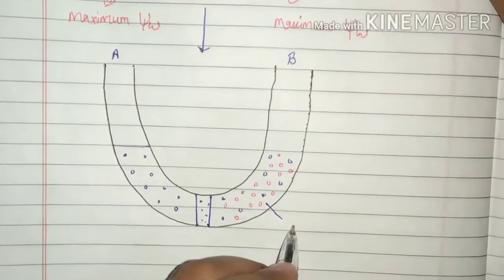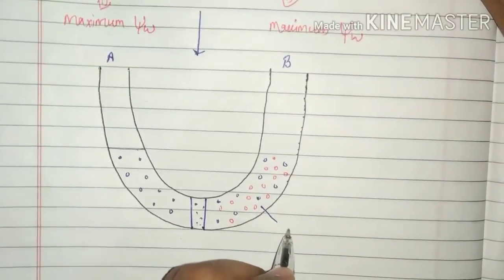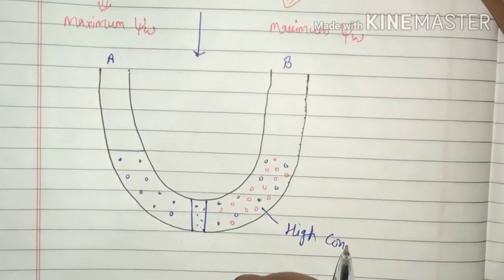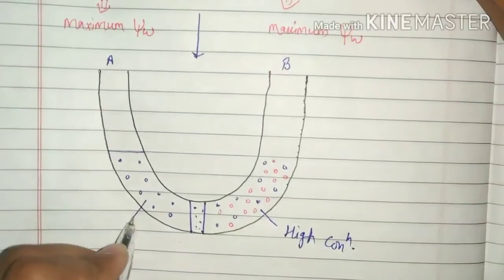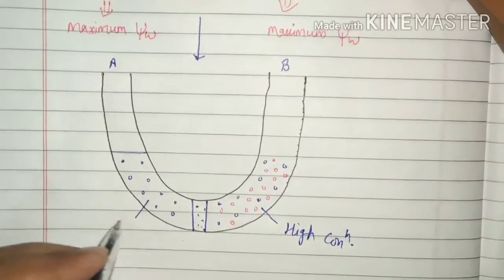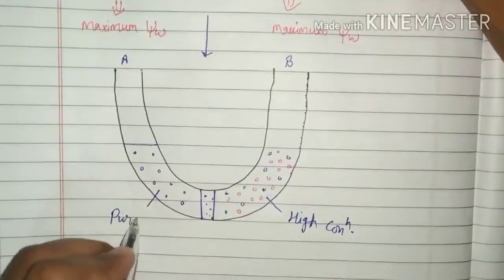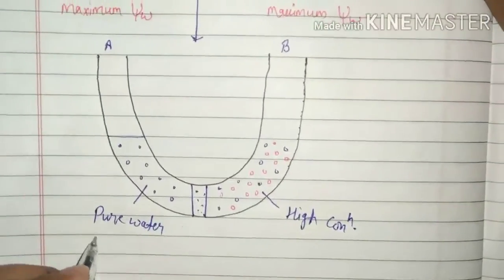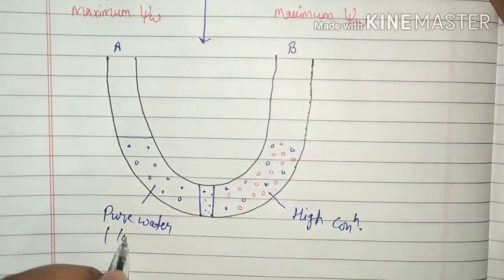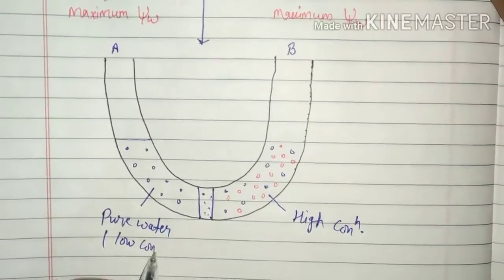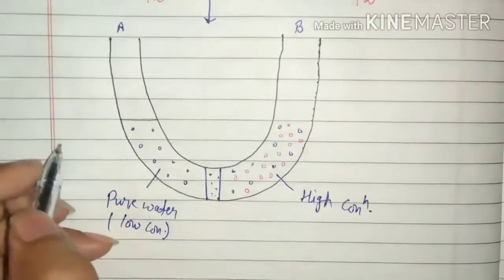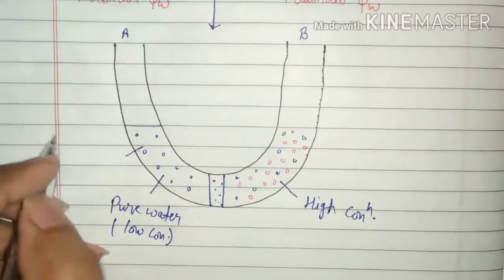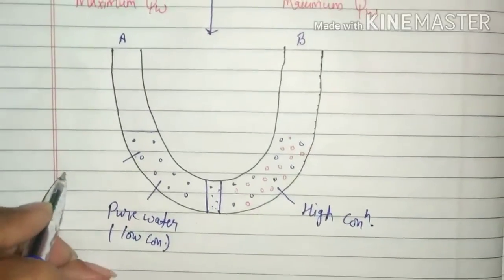It means the B chamber has high concentration. In the A chamber, there is only pure water, so the concentration is low. The water potential of pure water is high.